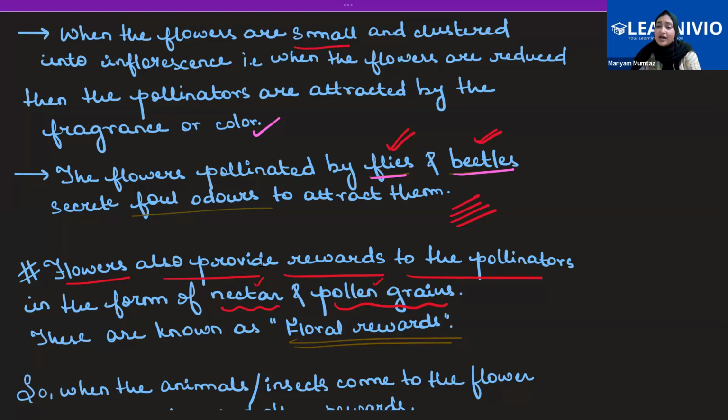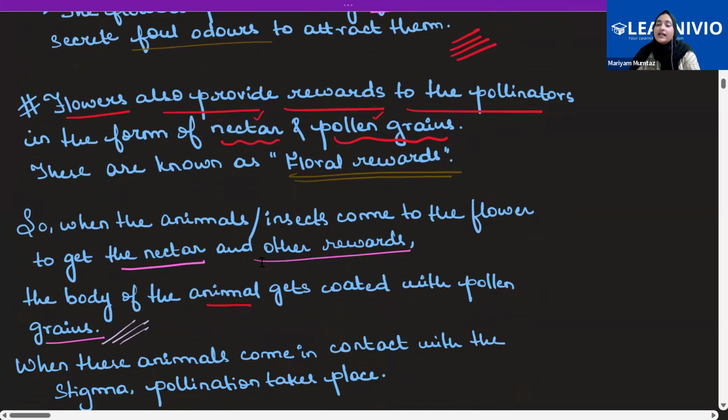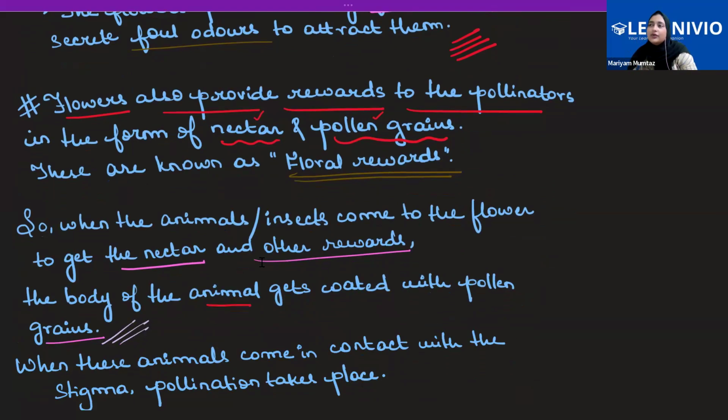Rather, they emit a foul odor, meaning bad smell, so that they attract the flies and beetles. Understood? All of these things are offered as a reward to the pollinators, like nectar and pollen grains. Honeybees go to the flower for nectar so that they can make honey, and thereby cause pollination also, because they move from one flower to another.